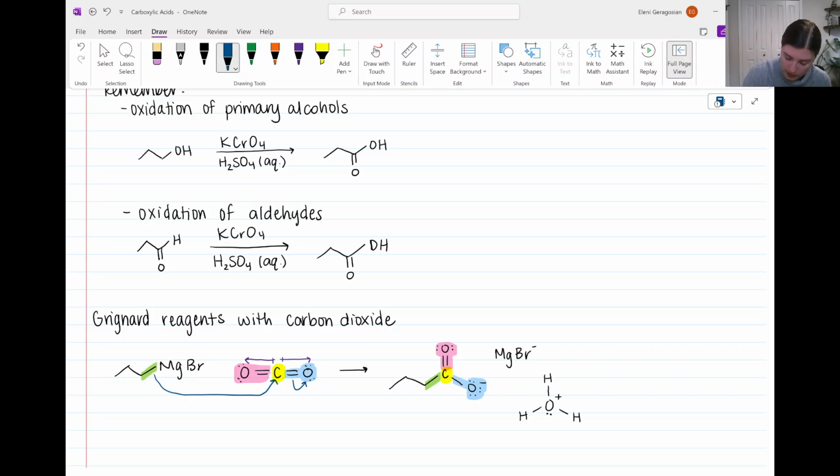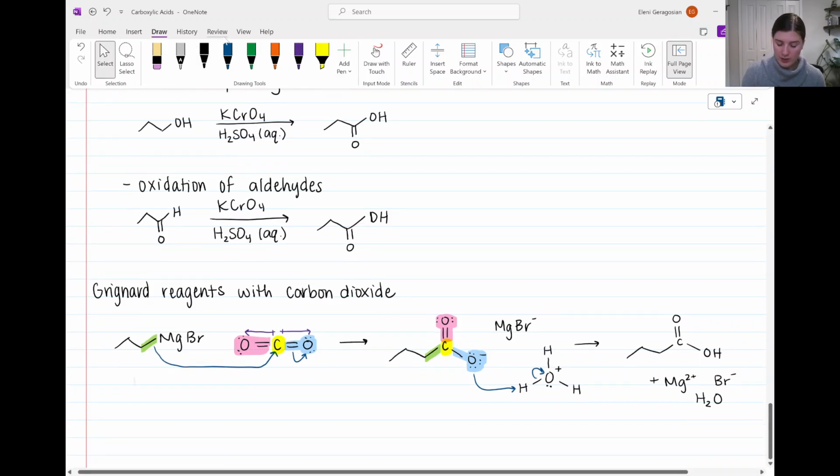That negatively charged oxygen will take a proton, and that forms our carboxylic acid product. So now we have butanoic acid. We have magnesium 2+, Br-, remember these dissociate in the presence of water, and H2O.